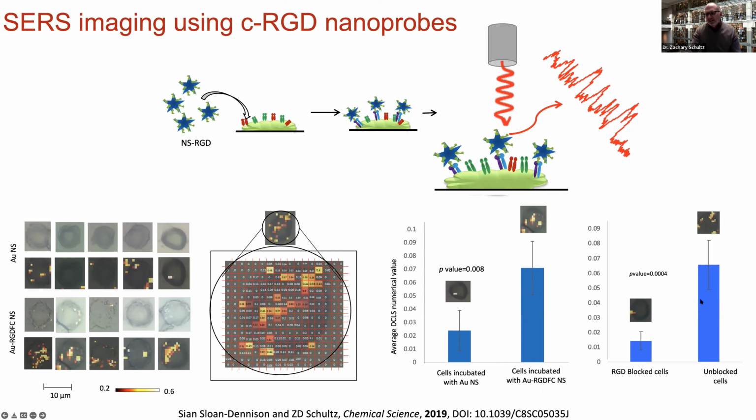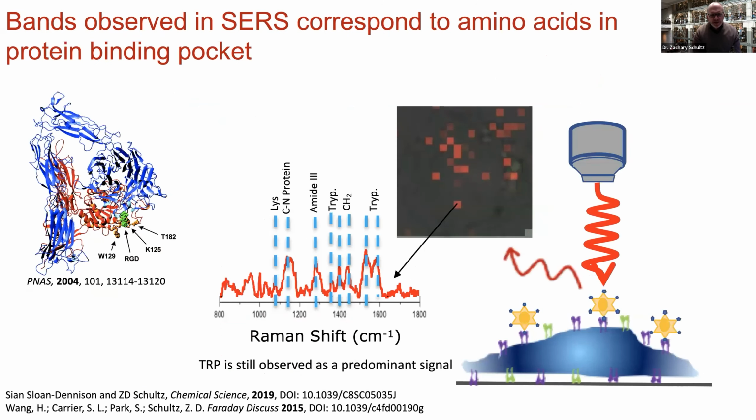Again, if we unblock it and probe cells, then we can see a really high degree of specificity with high statistical significance. The p-value shown here is 0.004 for the blocked versus the unblocked, and 0.008 for the two types of nanostars.